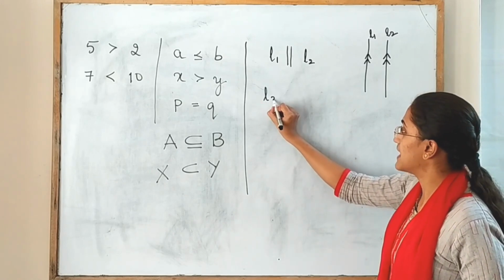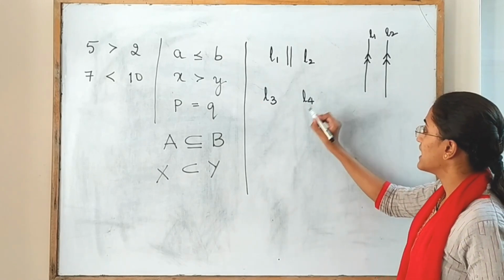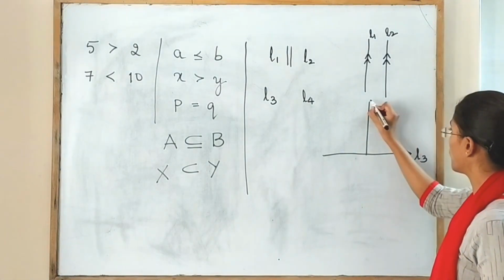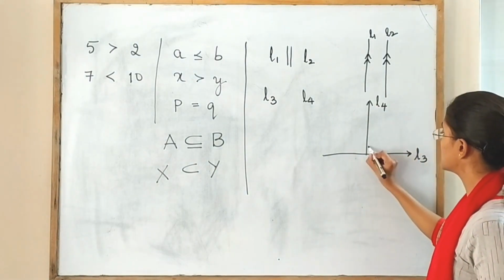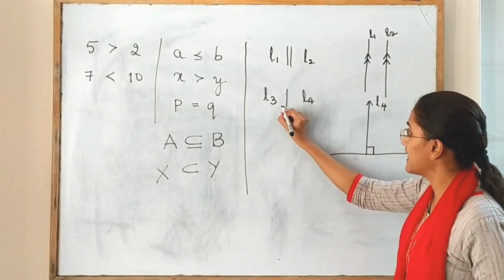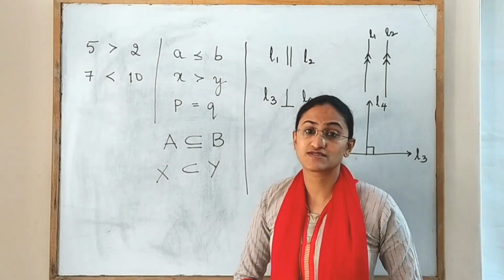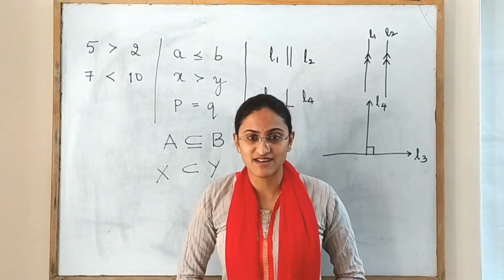For another two lines, L3 and L4, if I say L3 and L4 are perpendicular to each other, then again another relation exists. Likewise, you can come across many such relations in mathematics.